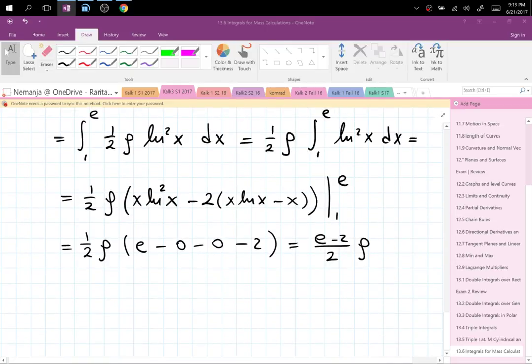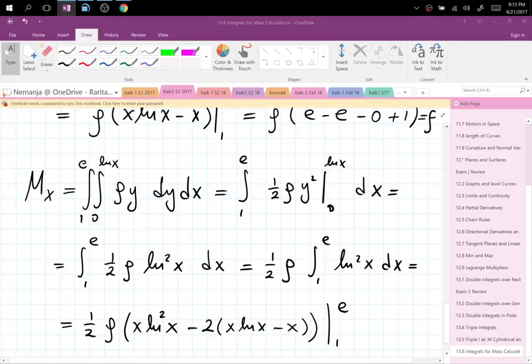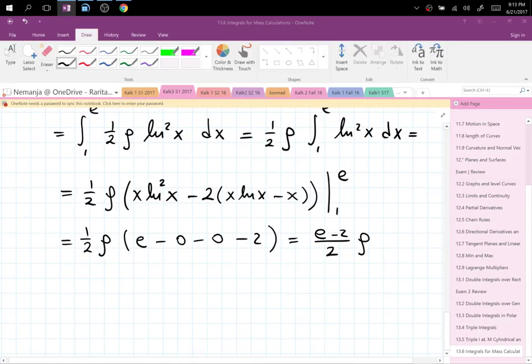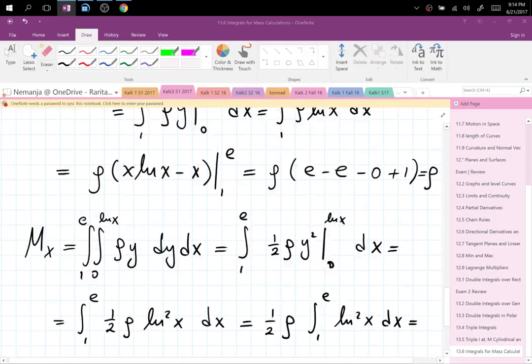So now I calculated mx, so I can calculate the y bar, and that is going to be e minus 2 over 2 rho divided by, did we get rho or 2 rho?